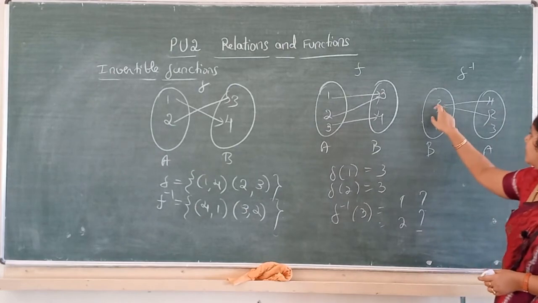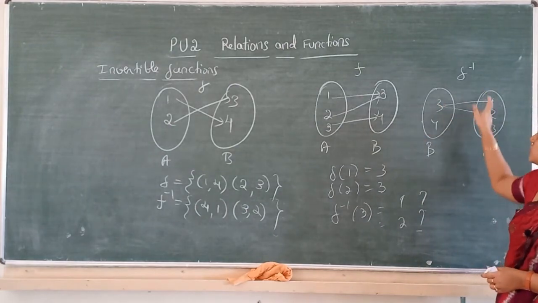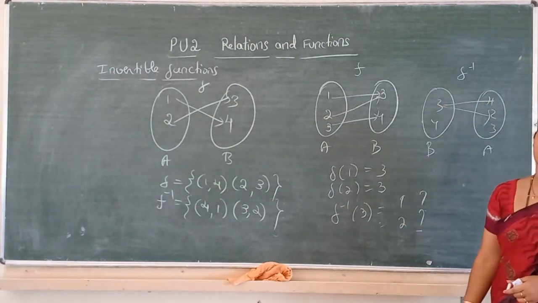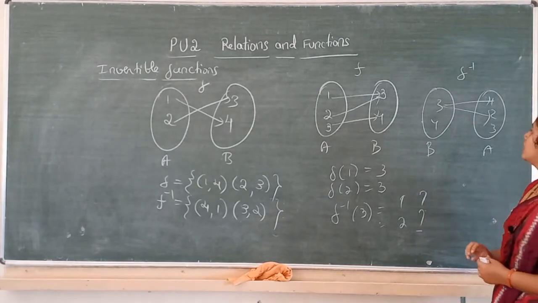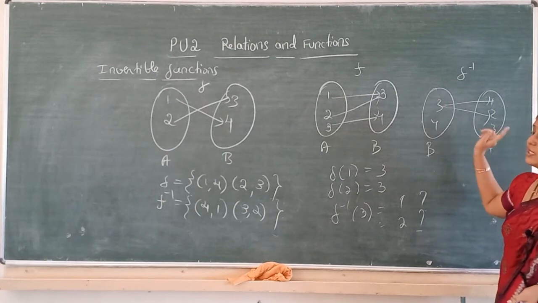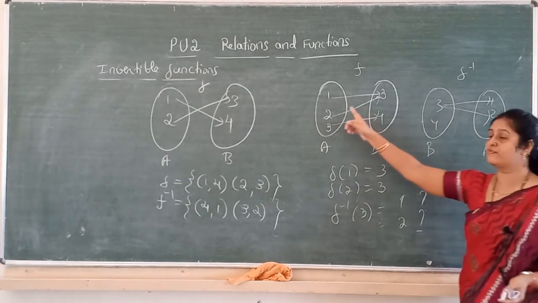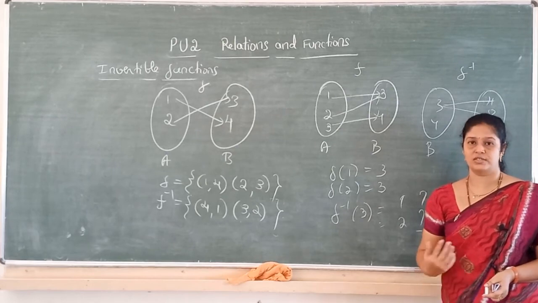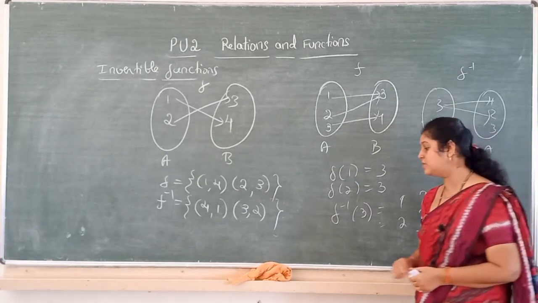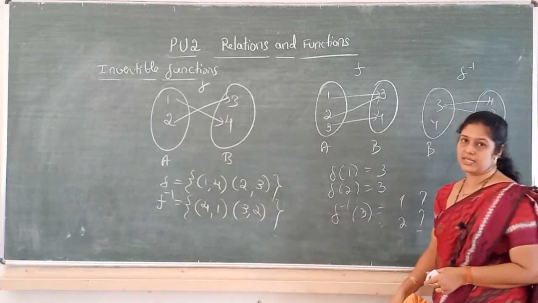One element having two images is not possible; that is the definition of a function. Therefore, if I define f like this, f inverse doesn't exist. So if f is not 1-1, then f inverse doesn't exist.